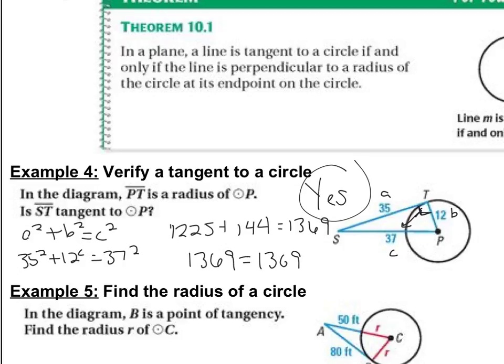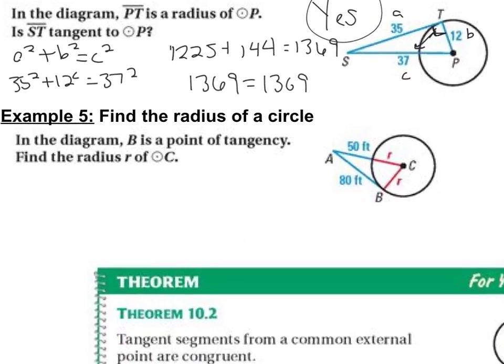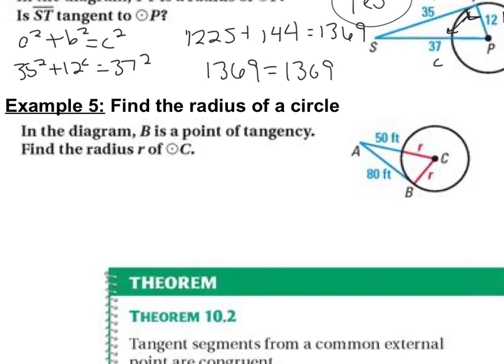Okay? So obviously they're going to have us put that into play and put it into use. They want us to find r here for the radius, and we're going to do that again using a squared plus b squared equals c squared. So Pythagorean theorem. Okay, so this is my tangent line.